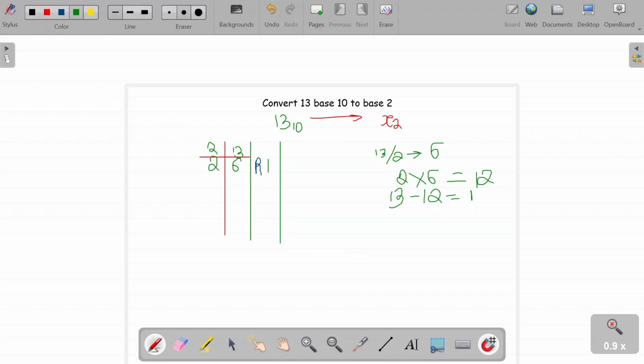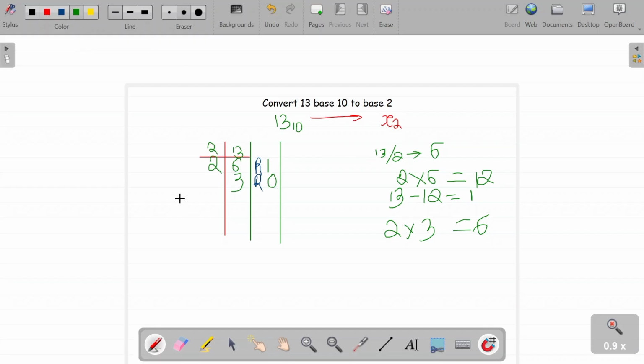We're going to have another 2, and 2 in 6 is going to be 3. Now this time around it's not going to have a remainder because 2 times 3 will give you 6 straight away. So we don't have any remainder, so our remainder is just going to be 0.